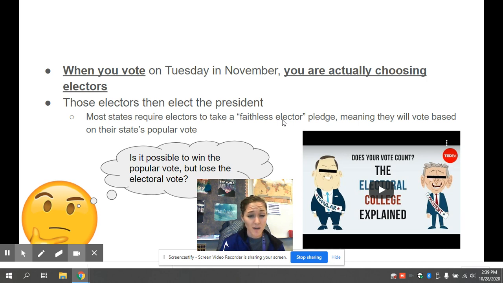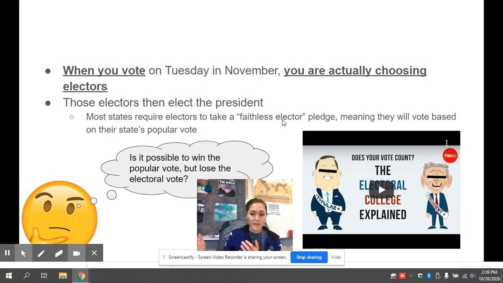Now, it is possible to win the popular vote, but lose the electoral vote. So think of those different states and their electoral votes as points. So each state has a different number of points. And they need at least 270 in order to win the election. So because of that winner takes all system, one candidate might do really, really well in a lot of those small states, and they're winning the popular vote.